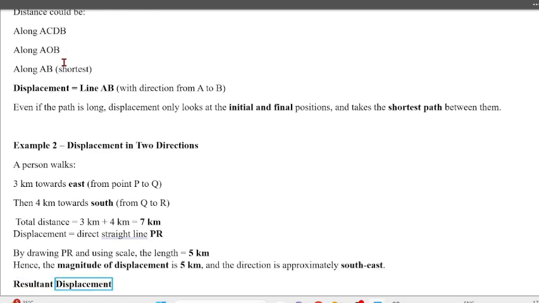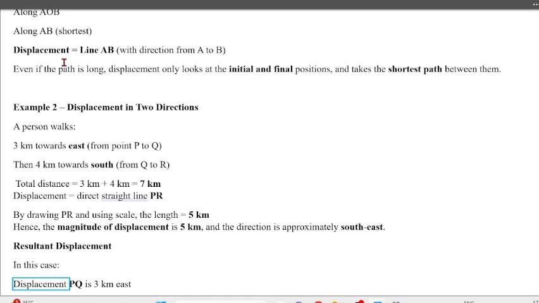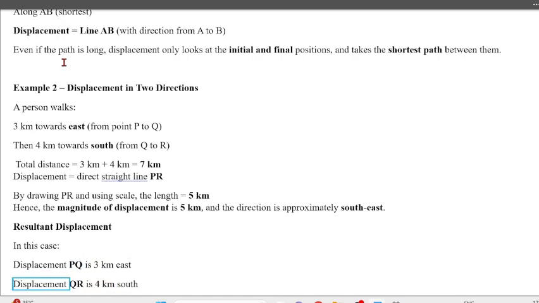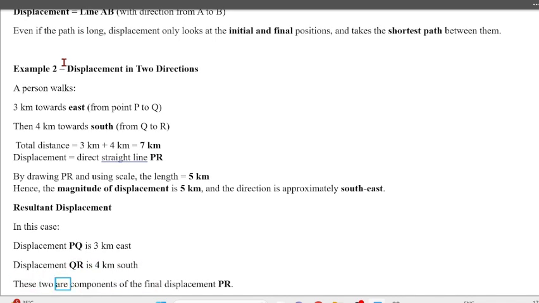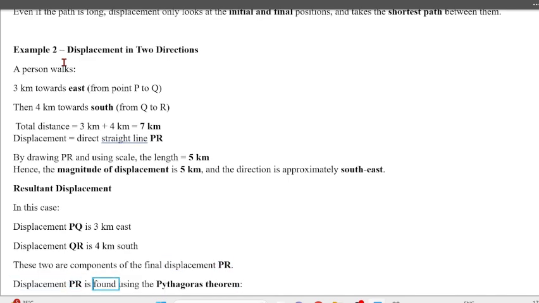Resultant displacement: in this case, displacement PQ is 3 kilometers east and displacement QR is 4 kilometers south. These two are components of the final displacement PR. Displacement PR is found using the Pythagoras theorem.